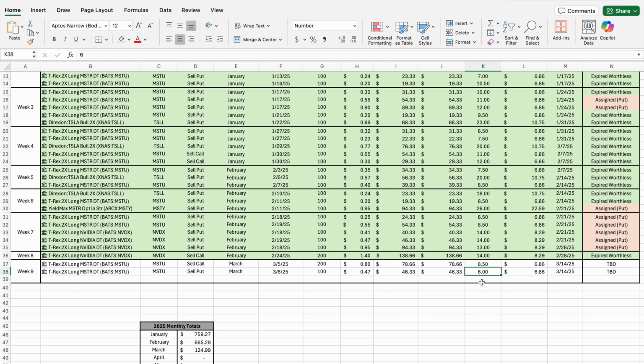I sold at $6, which means that if MSTU between now and March 14th drops below $6, the buyer of my contract may exercise their rights to force me to buy 100 shares at $6. Let's say MSTU goes down to $5. The buyer of my put contract owns 100 shares.